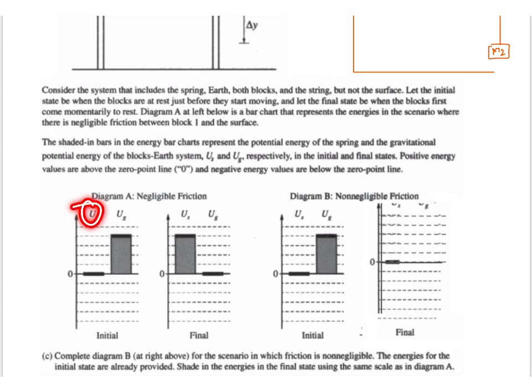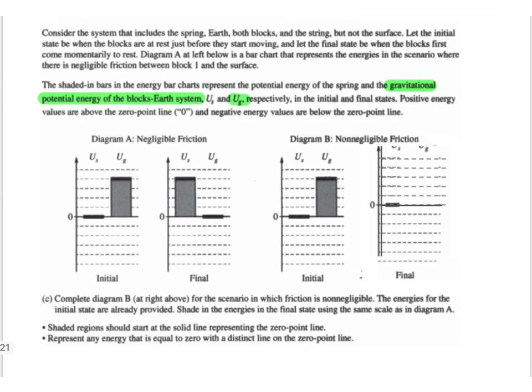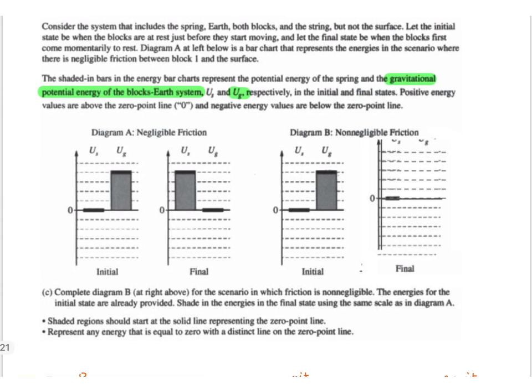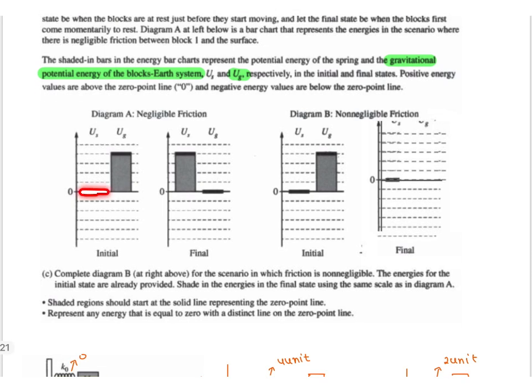So what is US? It is potential energy of spring. And what is UG? It is gravitational potential energy of Earth-block system. So this is UG, right? So obviously, initially, that spring is unstretched, so its energy should be zero.